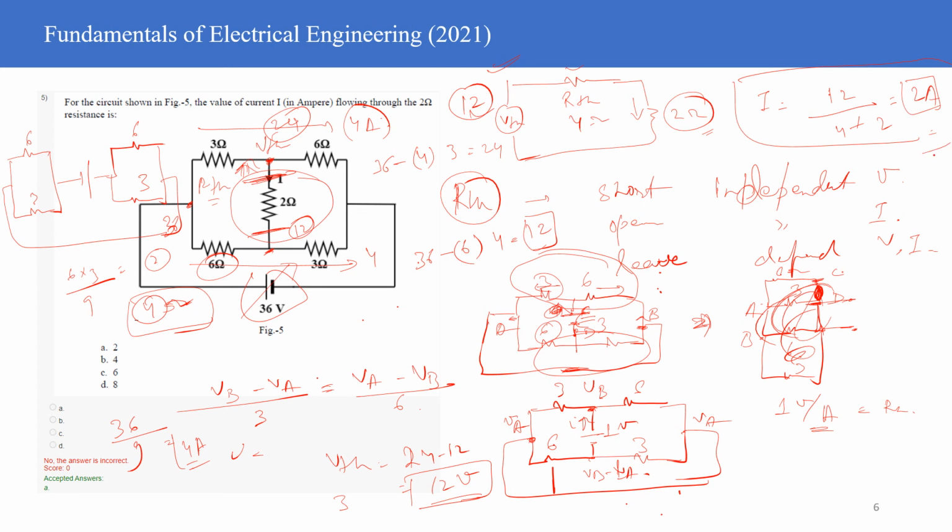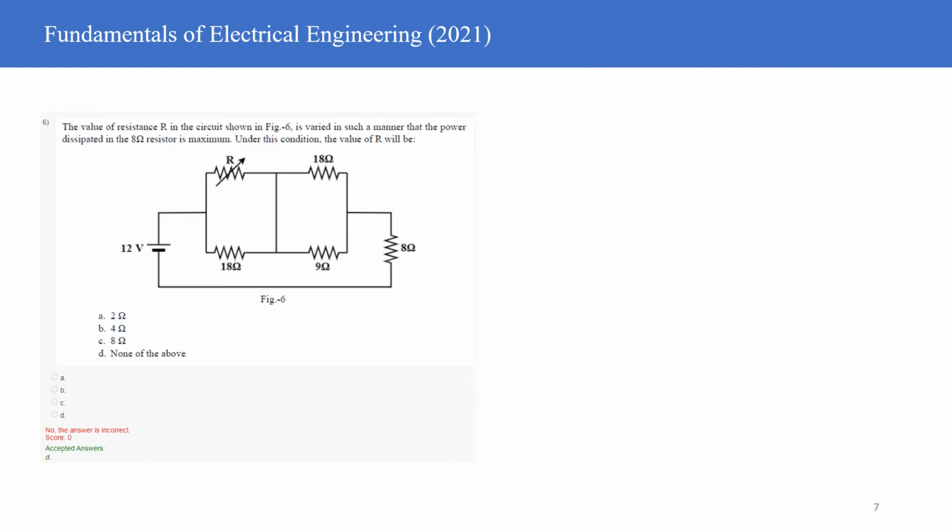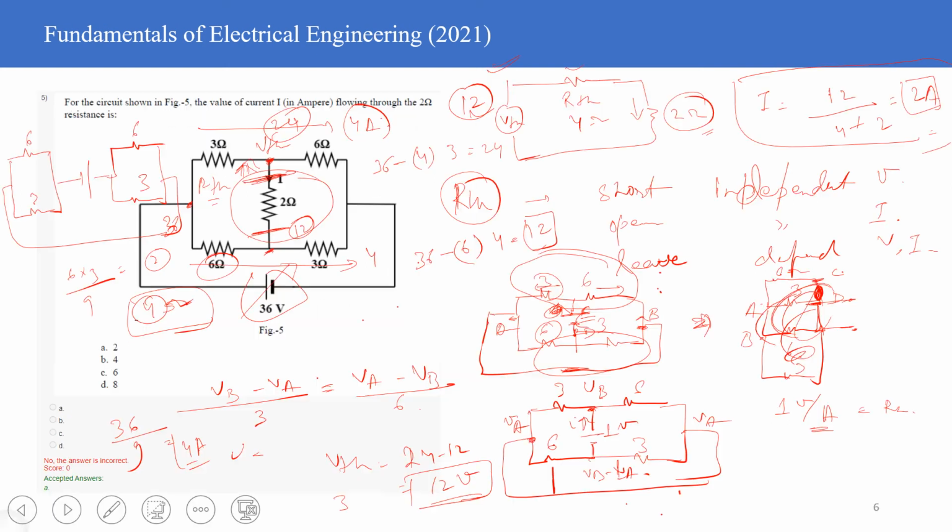I'm hoping that you guys have understood it. I needlessly complicated the question, but I'm hoping you understood it, right? What you had to do was figure out the Thevenin's voltage across the 2 ohm resistance, so that we have figured out as 12 volts.